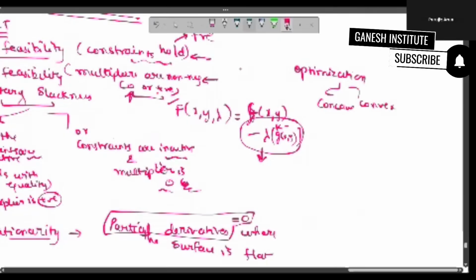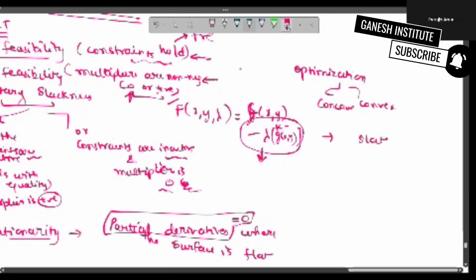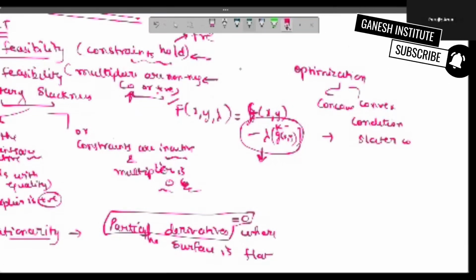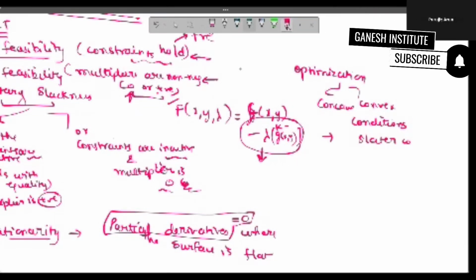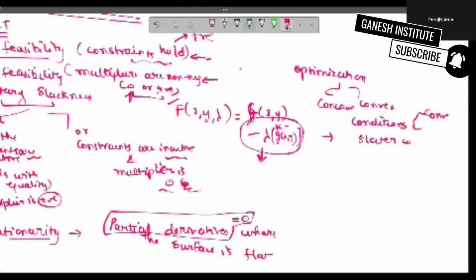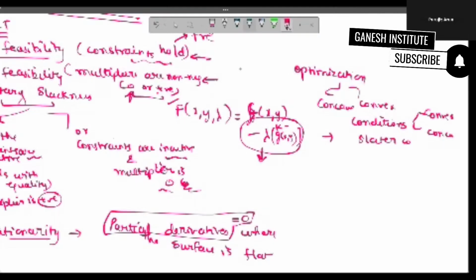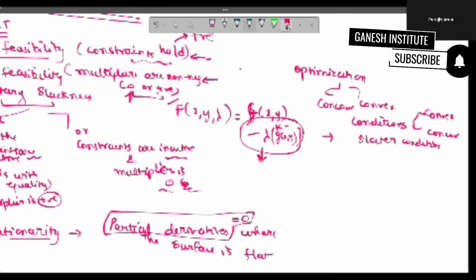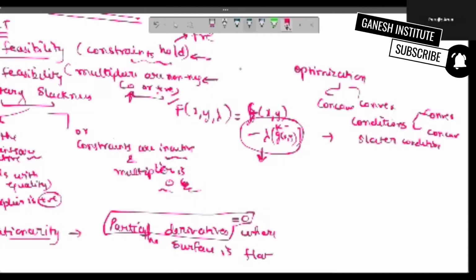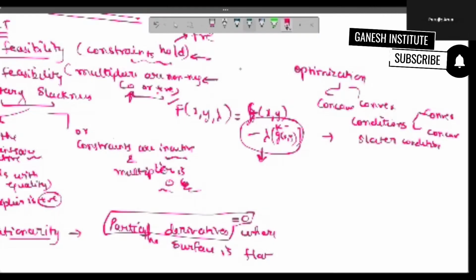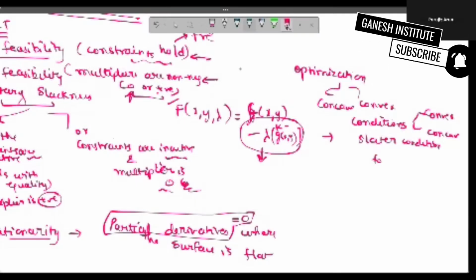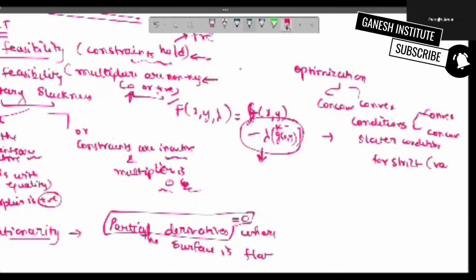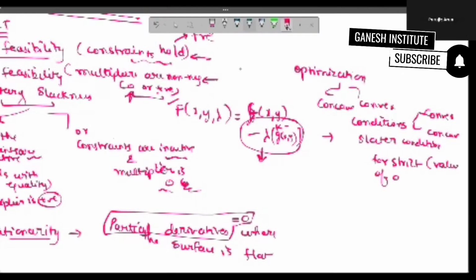Firstly, the condition, whether these are convex or concave. Then you will check the Slater condition. You will be asked to check the Slater condition for the strict inequality and find the value of the arbitrary constant.